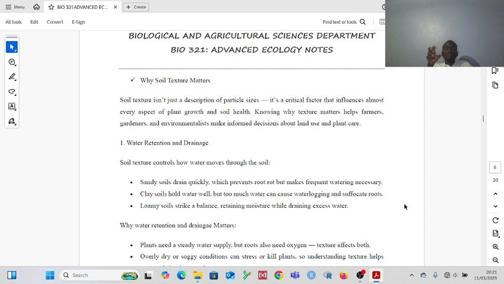So when you've understood the soil texture of a particular ecosystem, then you'll be able to know the ability of that ecosystem to retain water. Then you will also be able to know, if it is retaining water, how to deal with the drainage. So if you have, for example, sandy soils, they will drain quickly.